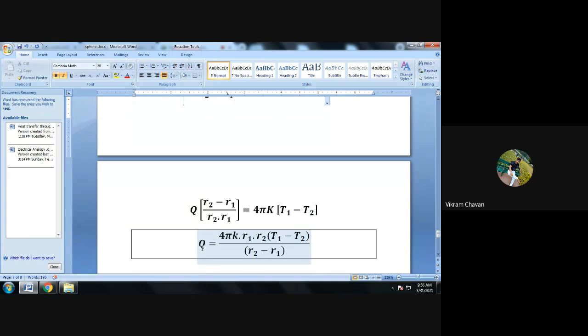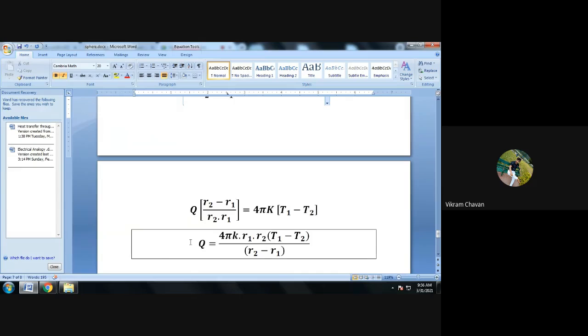Getting everyone? So this is the important equation we require for solving the problems. Q is equal to 4 pi k multiplied by r1 multiplied by r2 inside bracket t1 minus t2 whole divided by r2 minus r1.